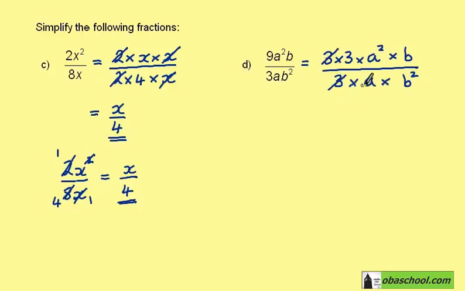A goes into a once and into a squared a times. B goes into b once and into b squared b times.